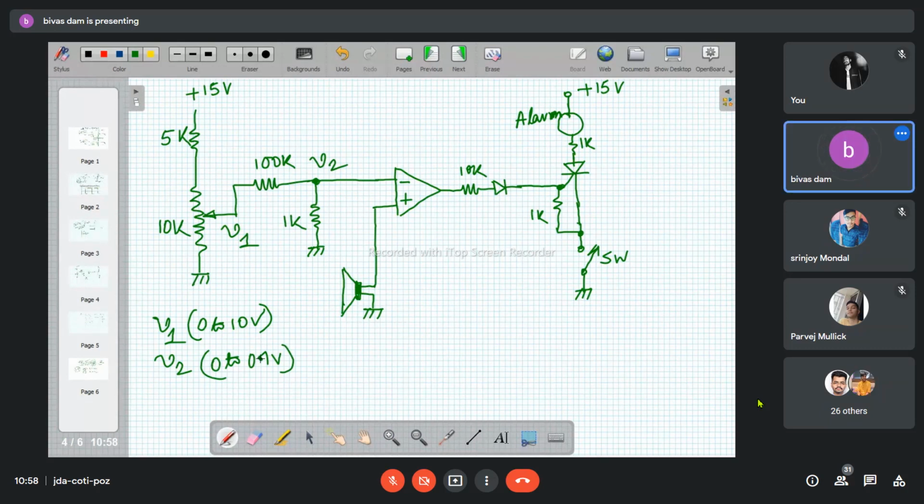Okay. Now, if I make it... Sir, it will be one millivolt, won't it? 0.1 volt, that means 100 millivolt, isn't it? So 0 to 10 volt, sir? V1 will be 0 to 10 millivolt, sir?